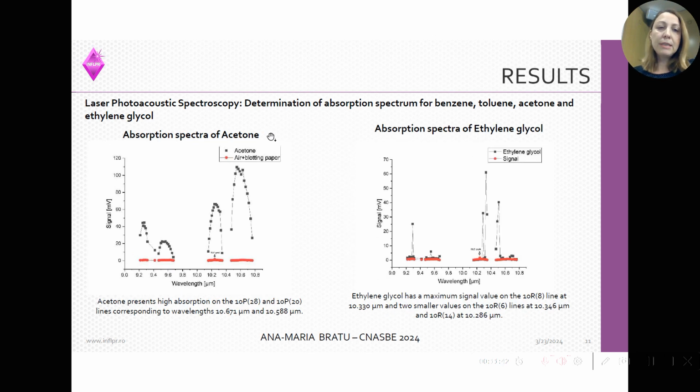The spectrum of acetone presents a high absorption at 10P20, which corresponds to a wavelength of 10.588 micrometers. And this is the spectrum of ethylene glycol, which presents a high absorption at the 10R8 line, that means 10.330 micrometers wavelength.